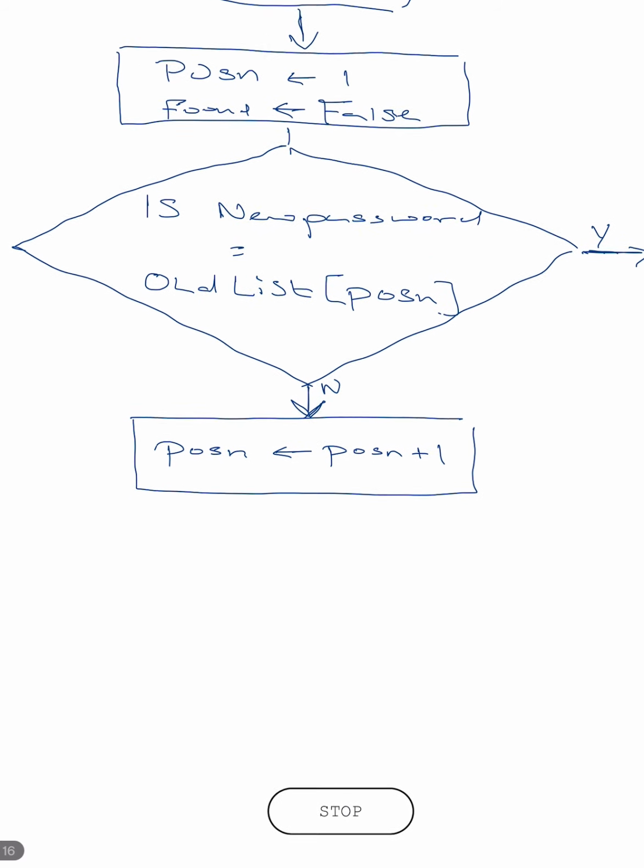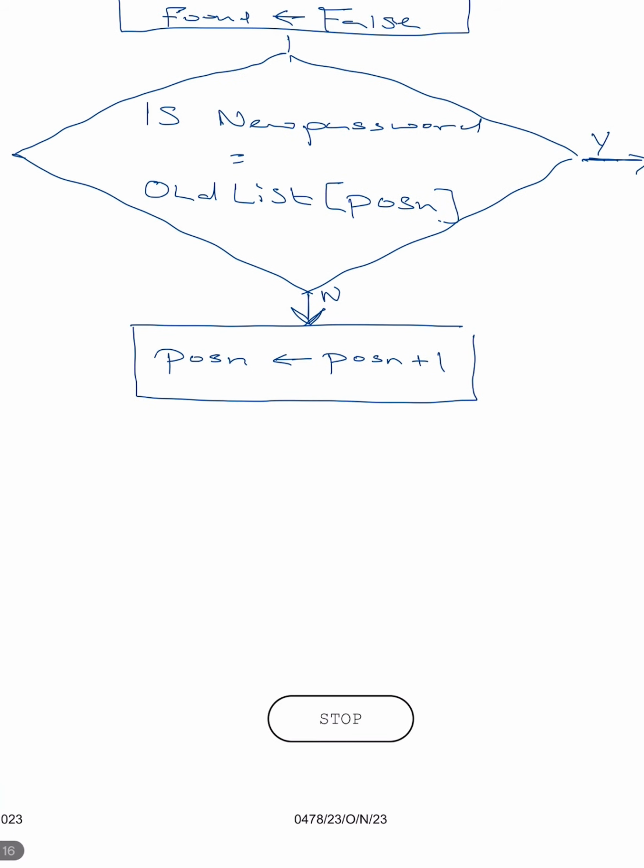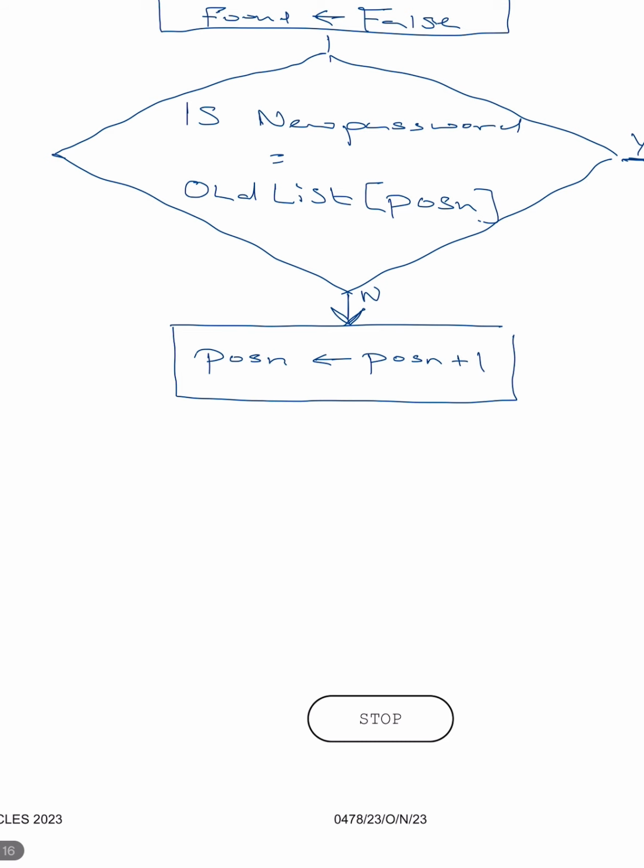Now, we then need to check whether or not we want to loop around again, because if we've either found it or we've got to the end of the list, then we need to break out of the loop.